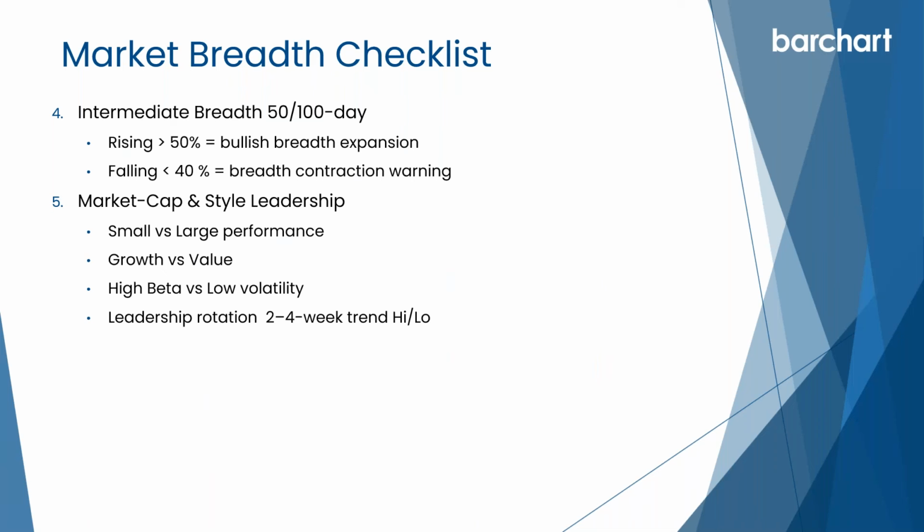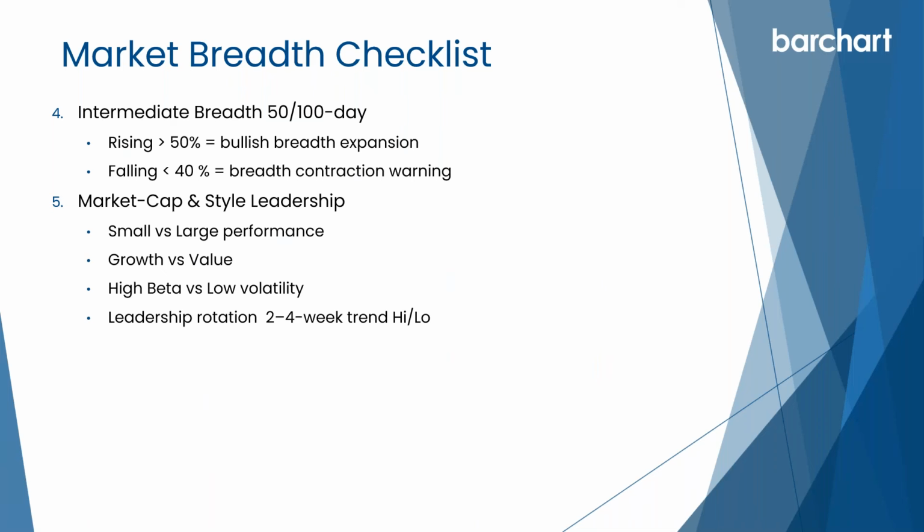But let's think about this from a breadth lens. Growth represents risk on, value represents risk off. And so we could think about our breadth in terms of leadership, in terms of, is the market taking on risk or is it looking for value?